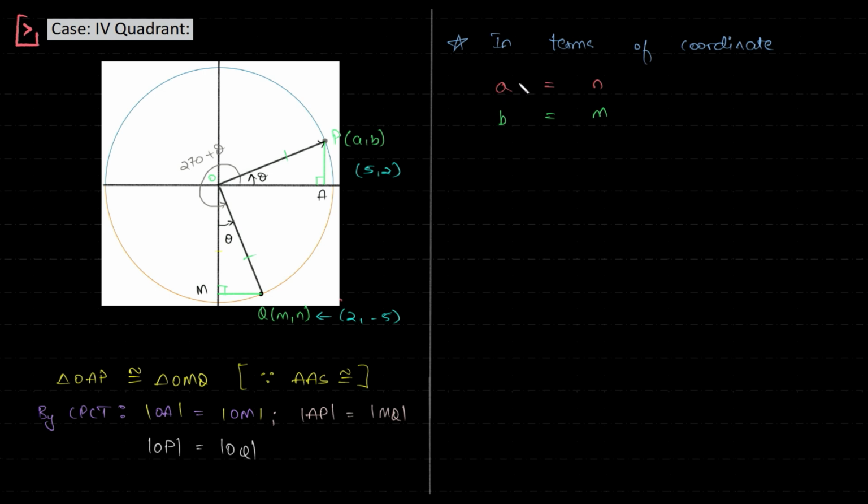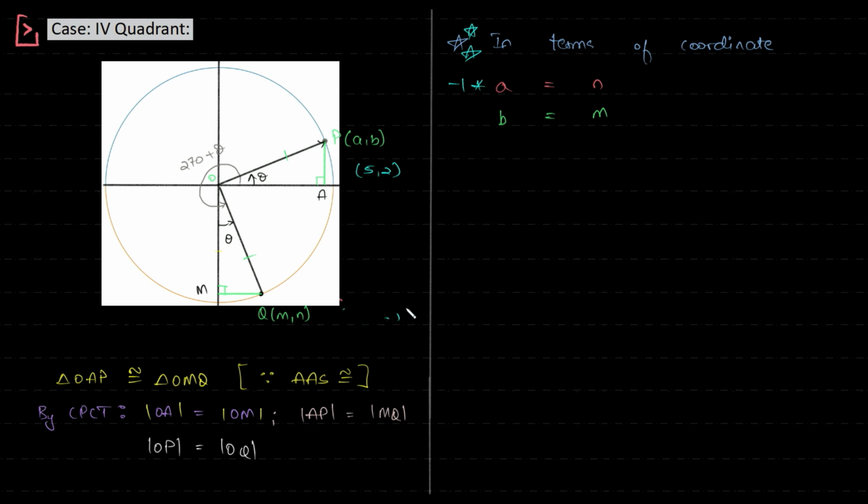N is positive, not an issue. M is negative, so minus of B is M. No, I got it wrong. Which is negative over here? Sorry, N is negative. Oh yeah, minus 1 into A is N. Right? Now you have to pause and have a look. All of that is correct.